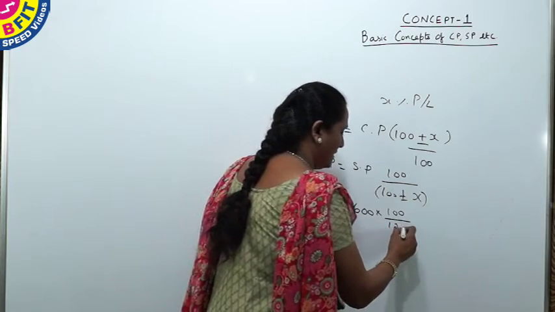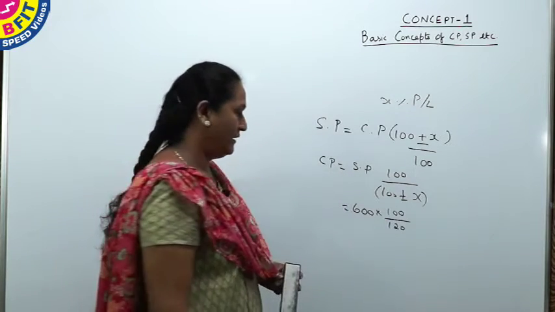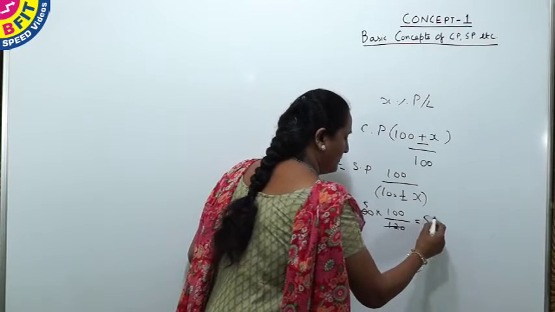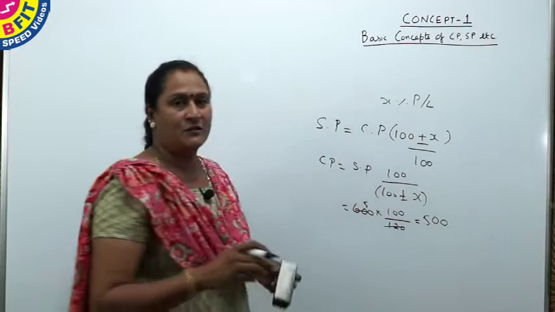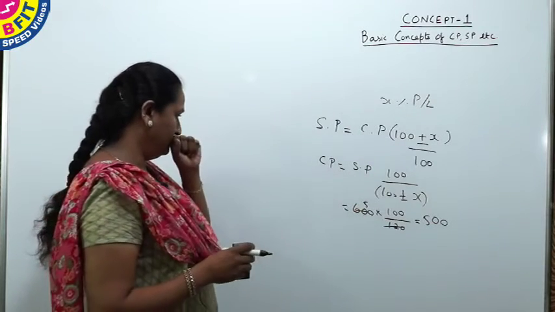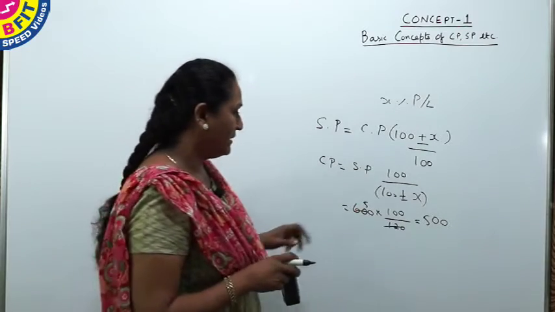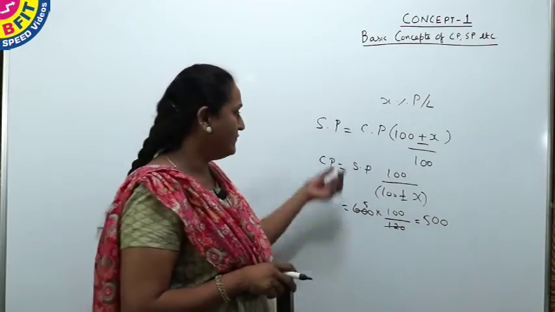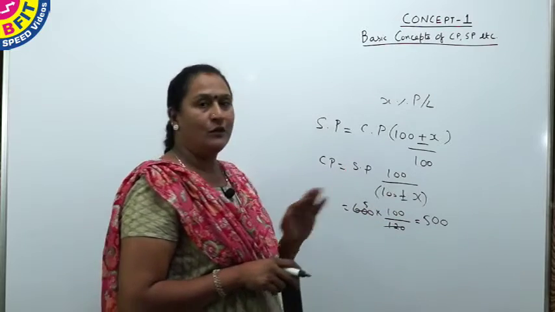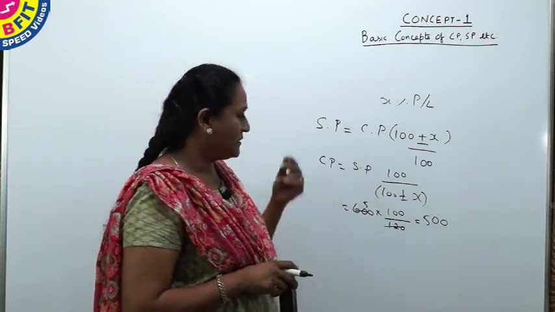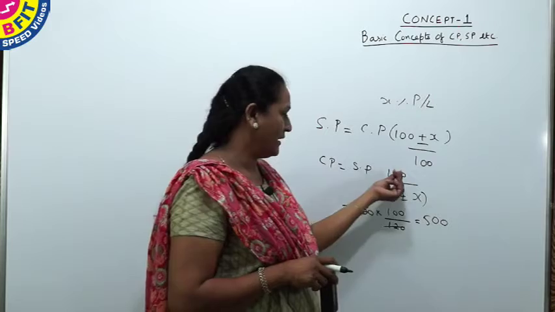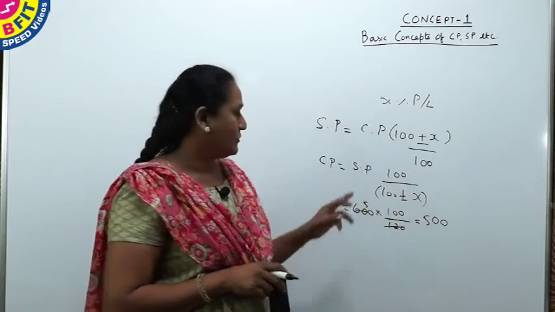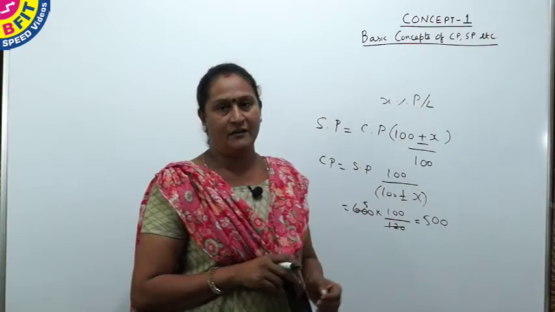So adding 20 with 100, we have 120. Now when you simplify this and work out, we'll get cost price as 500. So when the base is asked, don't find the corresponding percentage with the selling price and subtract, or you'll get a wrong answer. Cost price is got by the selling price into 100 by 100 plus or minus x according to profit or loss. So here we have got the value 500.